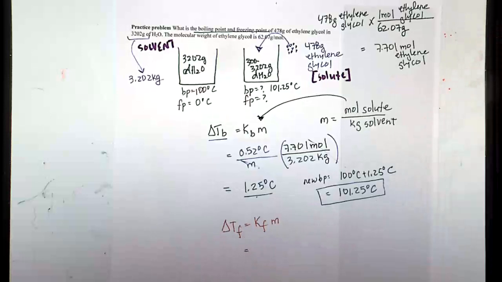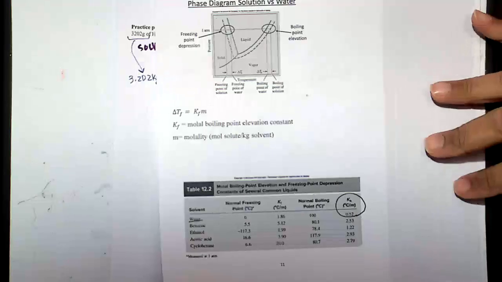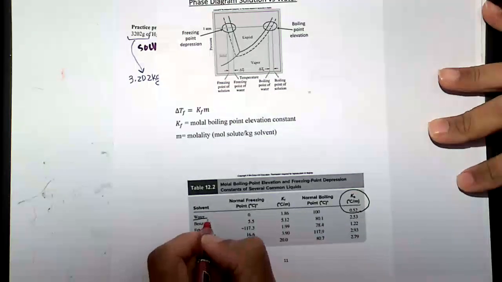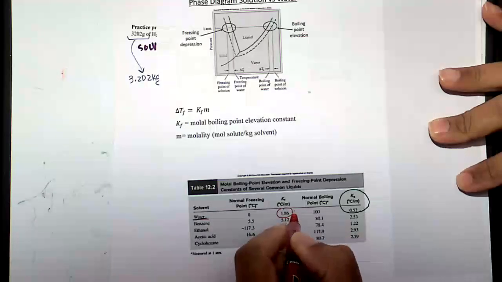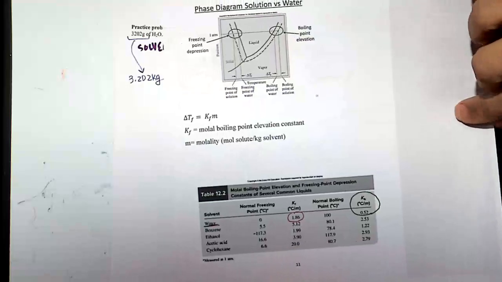All right, so what is Kf now? I'll give you this on the test. You don't memorize these things. Our solvent is water. The Kf is 1.86 degrees C over m. You guys see that? I'll give that to you on the test.